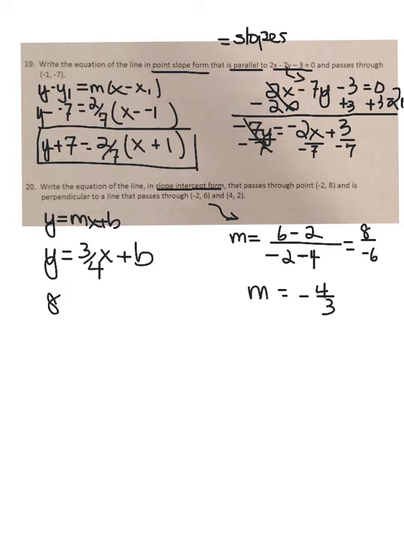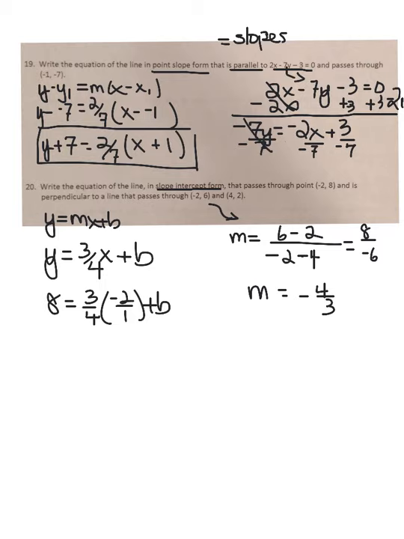So 8 equals 3 over 4 times negative 2 over 1 plus b. I can see here that we have a common factor of 2, so I'm going to cancel that out.